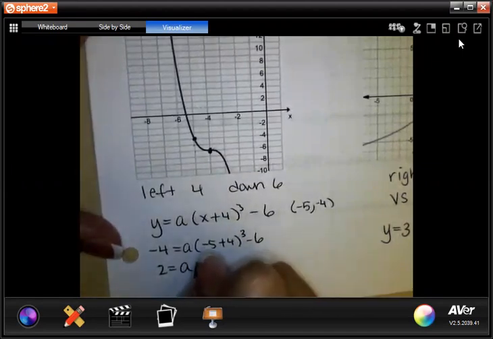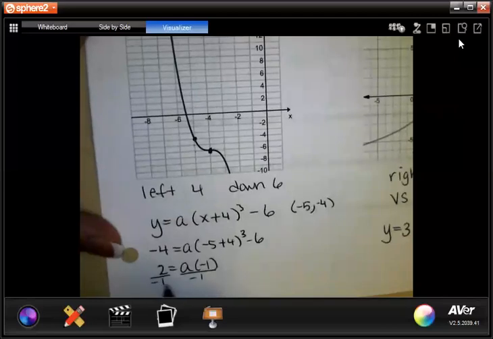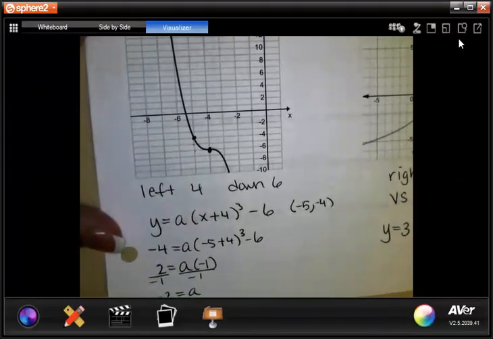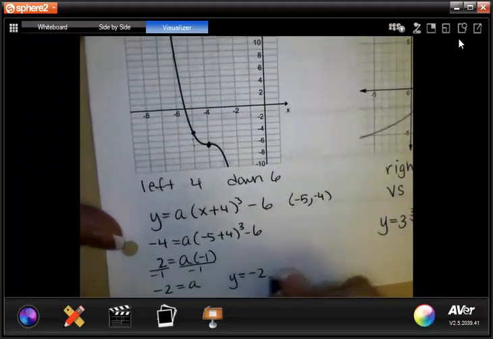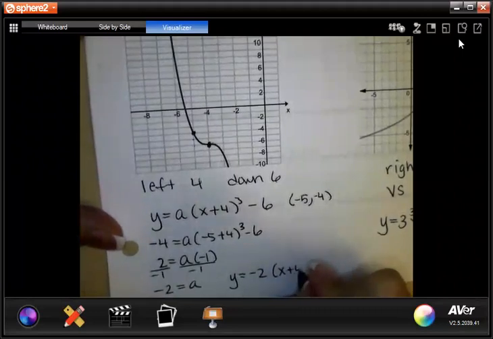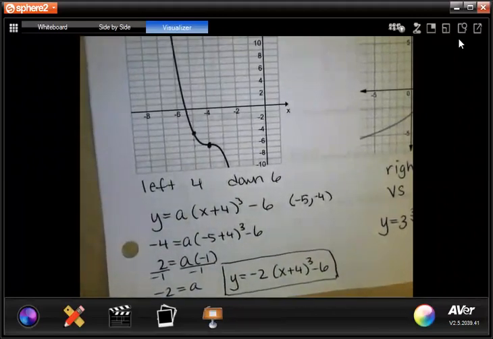Cubed is just a -1. I divide by -1, and we get -2 is equal to a. And so we solved for the a. So you can do it algebraically, or you can do it from the graph. If you can't see it from the graph, then do it algebraically, because that one never fails. So that would be our equation working backwards from that point.